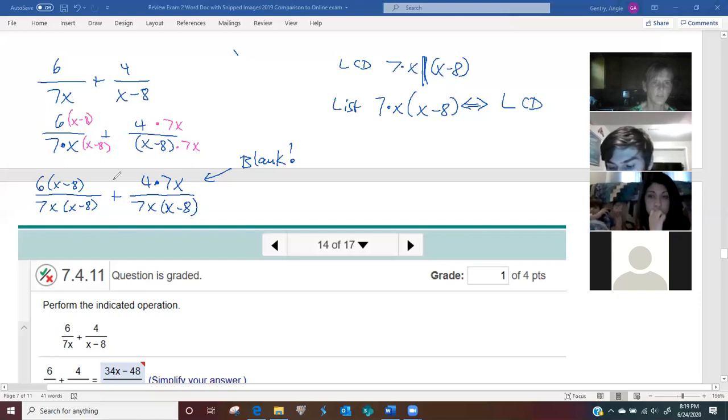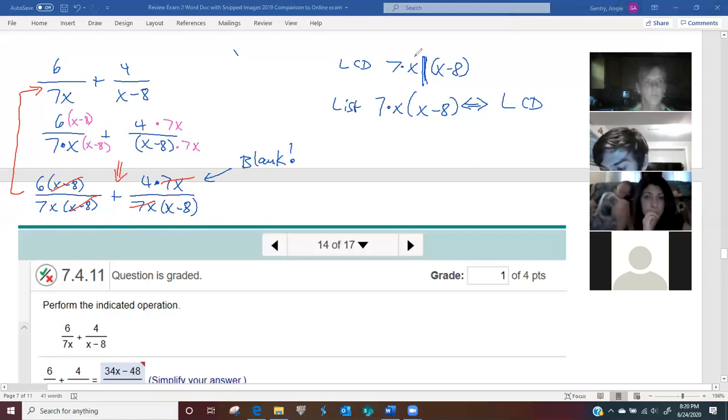And then they do this. Do not write this down. And I'm like, what did that just do for you? It brought you right back to here. Do not do that. Why did they want to do it? Because they want to factor and cancel everything, but this is a plus.